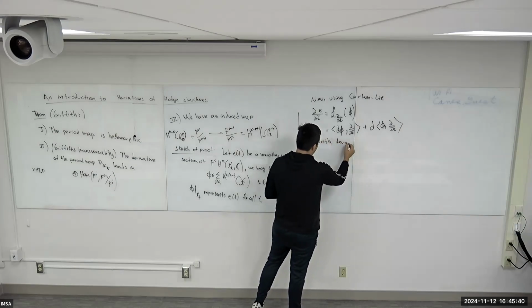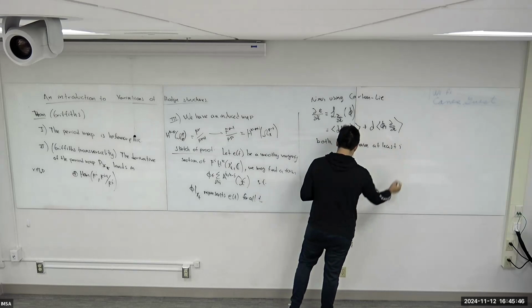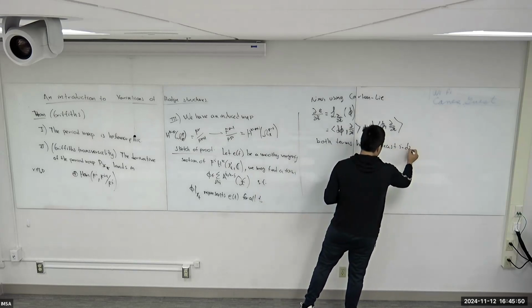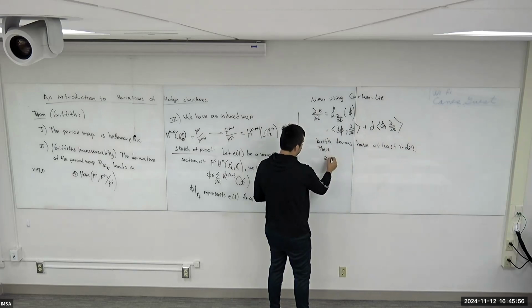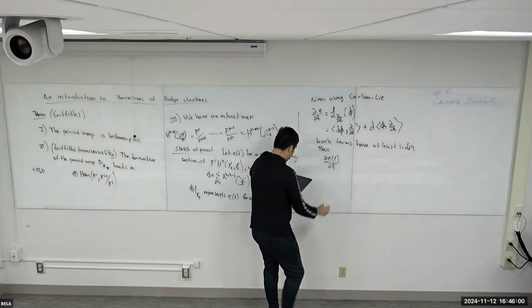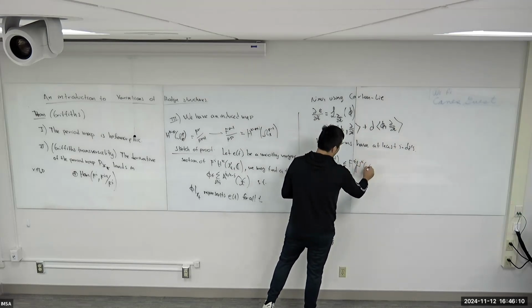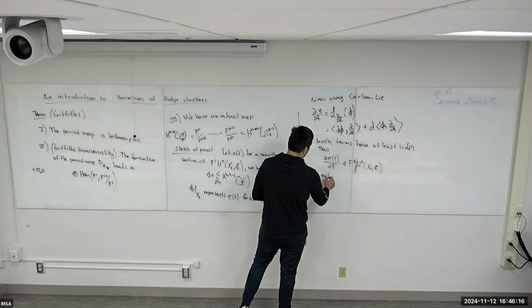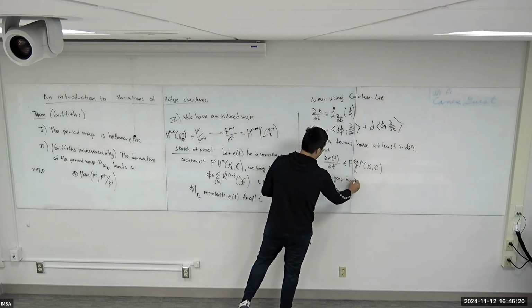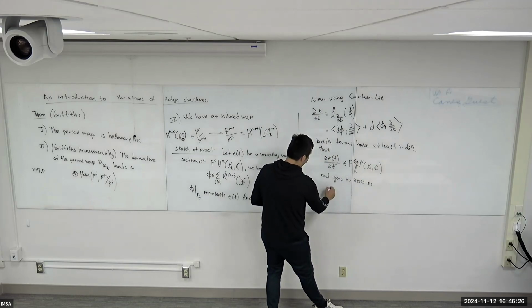Both terms have at least i dz terms, and thus this derivative will land in Fi Hk of x0, and so it goes to 0 in the quotient in FHK.